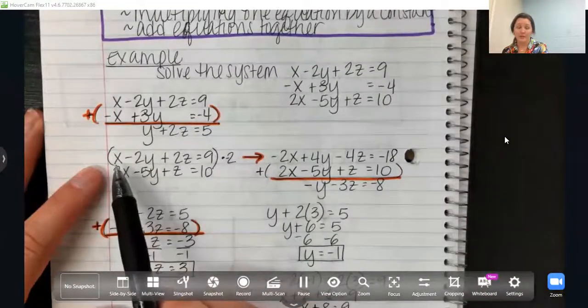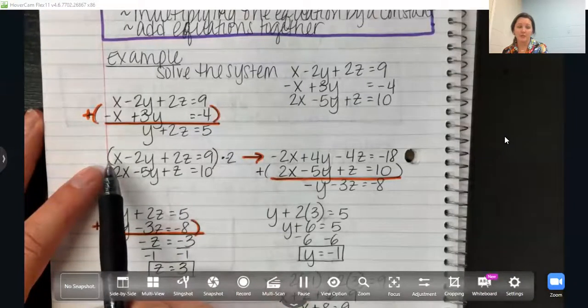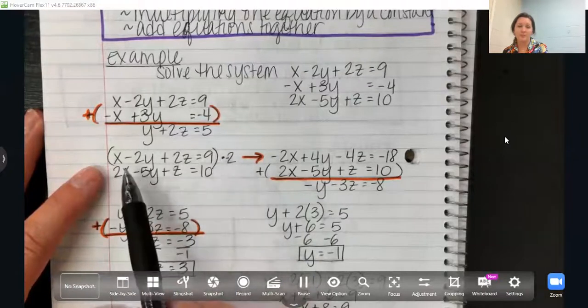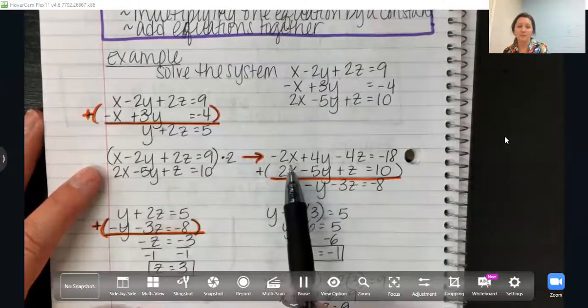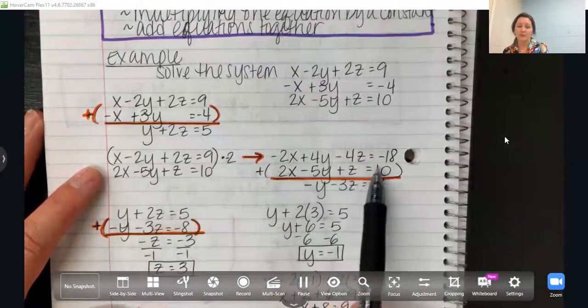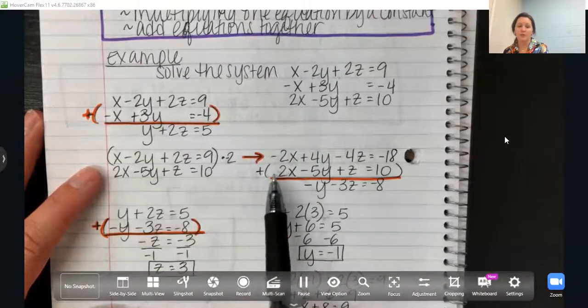So what I can notice is that if I multiply my x by -2, it would be same value, opposite sign. So that's what I'm going to do. And I got to multiply everything by that -2. So we have negative 2x plus 4y minus 4z equals negative 18. This one didn't change, so I just wrote it again. Look, my x values cancel.